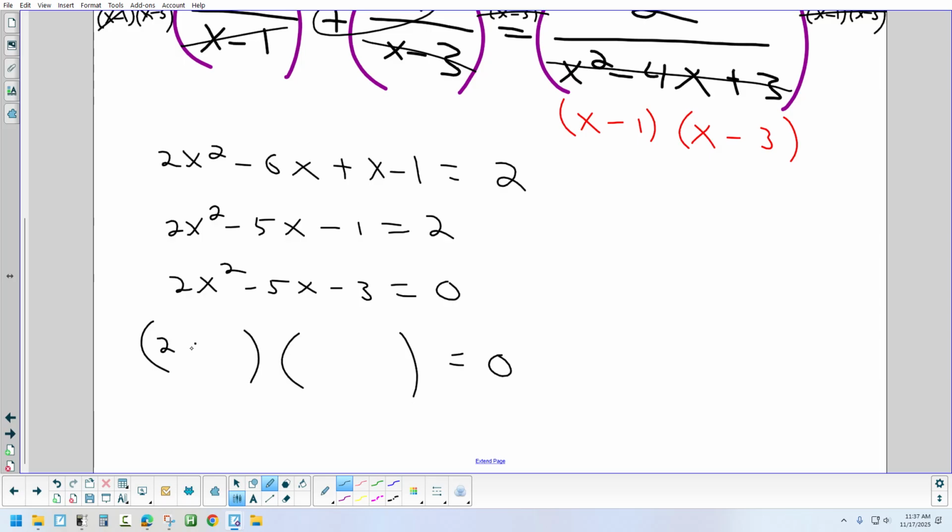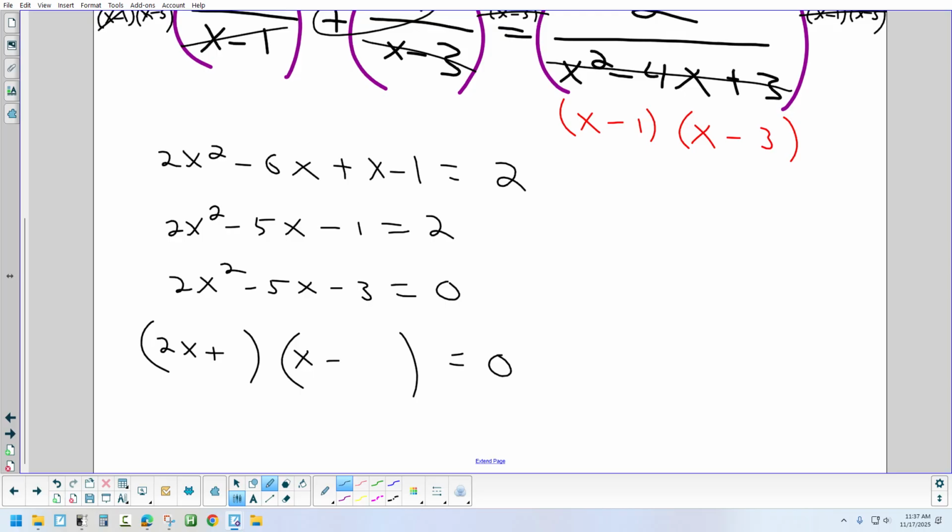So we've got a 2x and an x. What about my signs? Both positive, both negative, or one of each? One each. Yep, we're going to need one of each. That might not be the right order. We might have to switch them. And then two numbers that multiply to give me 3. 1 and 3.